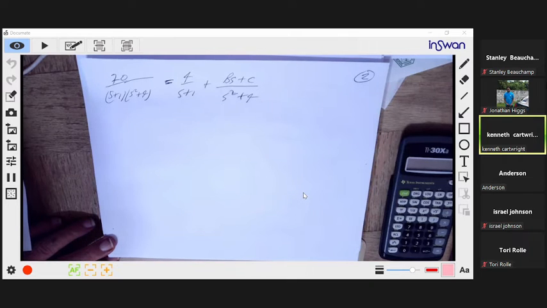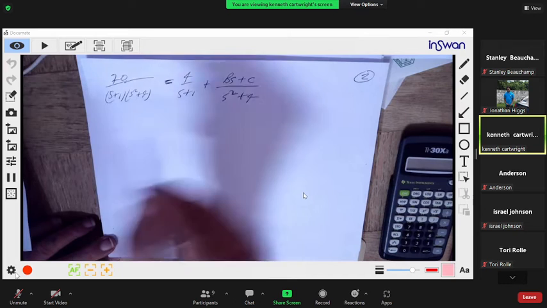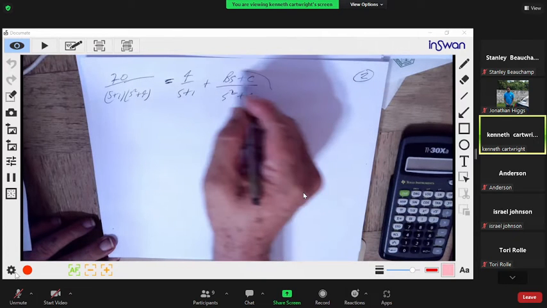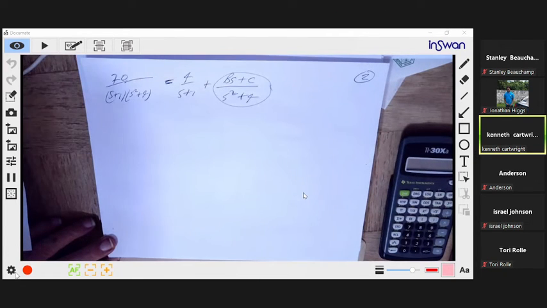We do not have B over S squared plus 4. We have BS over S squared plus 4. All you're saying is, can we split this into two? And the answer is yes, but that isn't going to help you any, not yet.